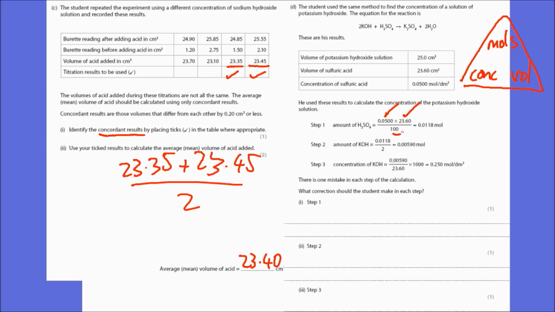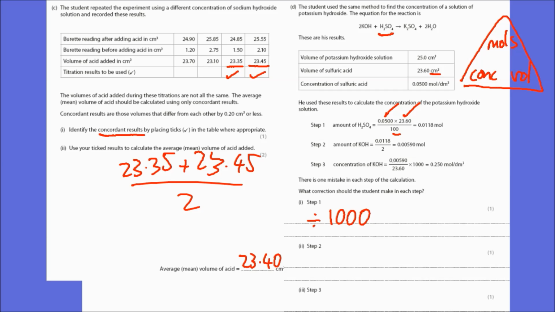Now, they've divided by 100. That's the mistake. What the candidate or the person should have done was actually dividing it by 1,000. And the reason they divide by 1,000 is because you're converting your centimetres cubed into decimeters cubed. And they've made a mistake here by dividing by 100. So that gives the person the moles of sulfuric acid.